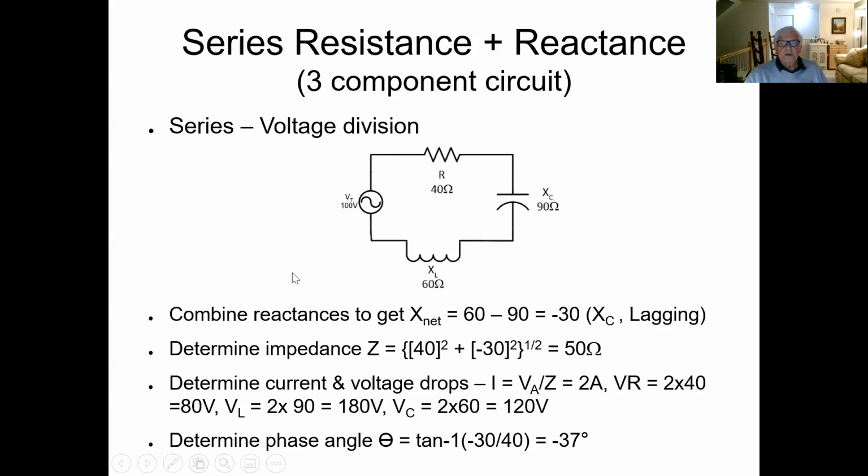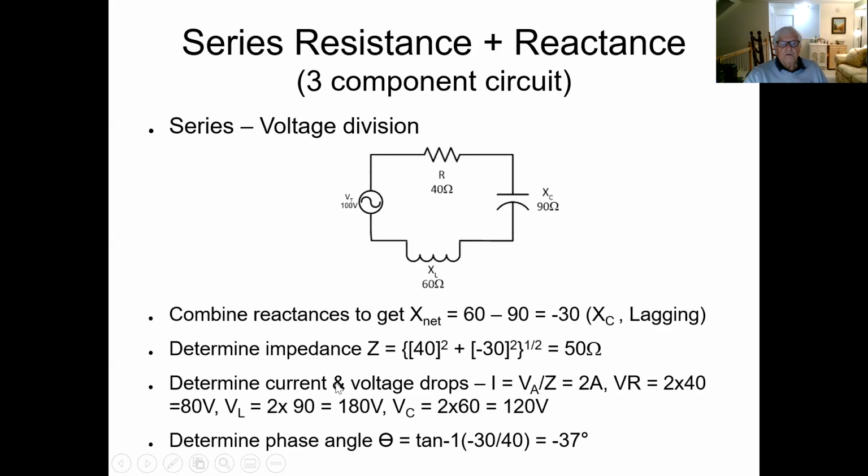Because 60 is leading, and 90 is behind, so it's lagging, and we get minus 30 as a net reactance. From that, we can figure out what the impedance is. We get R squared, 40 squared, plus minus 30 squared, taking the square root of that gives us 50 ohms.